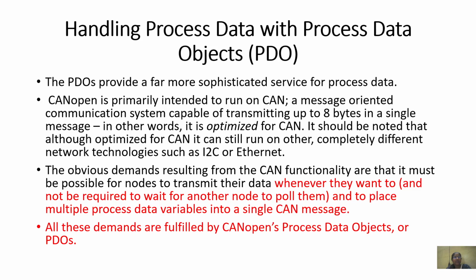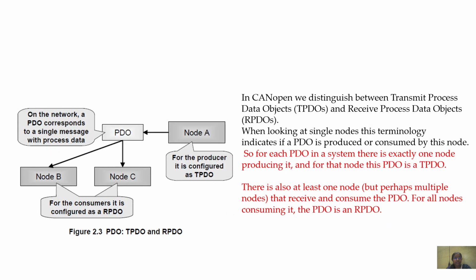Now, handling process data objects. PDOs provide a far more sophisticated service for process data. CANopen is primarily intended to run on CAN, a message oriented communication system capable of transmitting up to 8 bytes, so it is optimized for CAN. With process data objects, you will have transmit process data objects and receive process data objects.